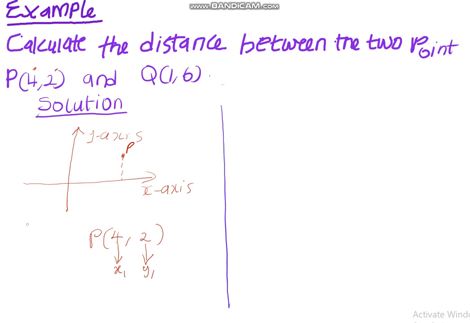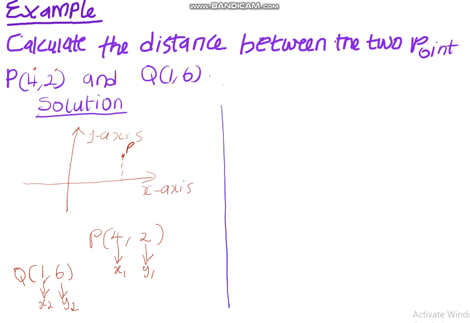The same thing, Q also has two coordinates, 1,6. We will call the first entry x2, and we will call the second entry y2.